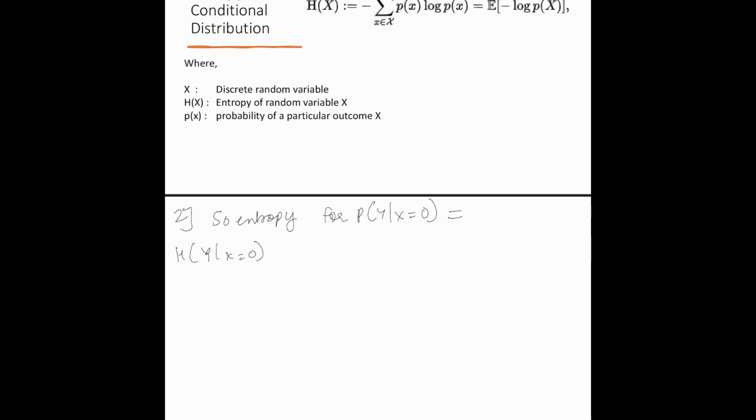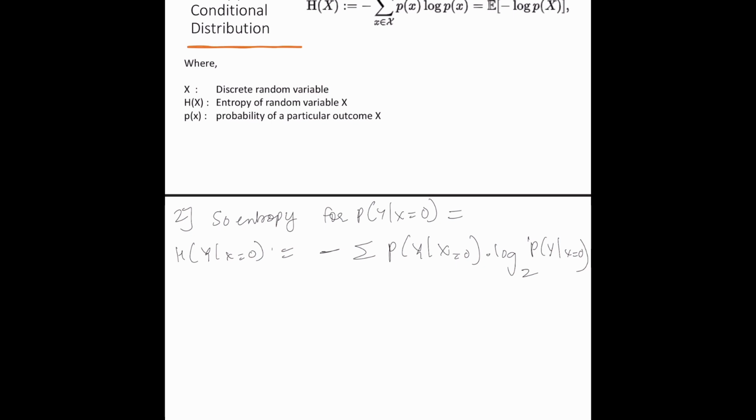This will be calculated using this formula: minus summation p of y given x is equal to 0 into log of p of y given x is equal to 0 to the base 2.